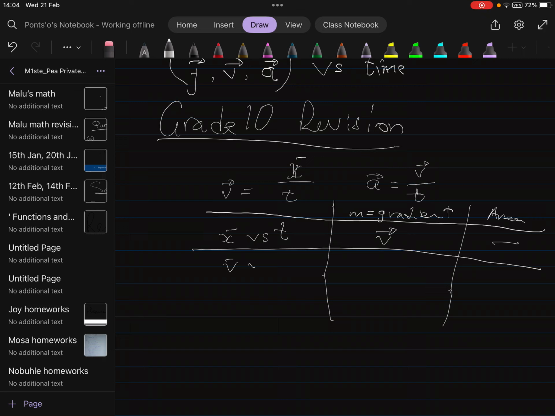If our graph is about velocity versus time, then our gradient is acceleration, and our area is displacement. And if we have acceleration versus time, then we don't have a slope, but the area underneath is velocity. All right.